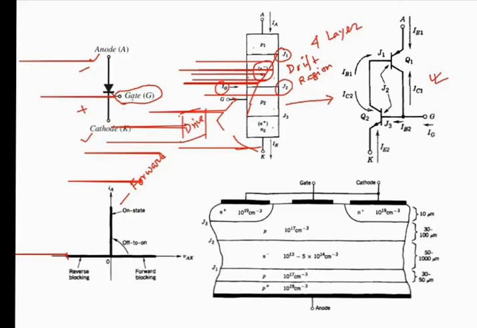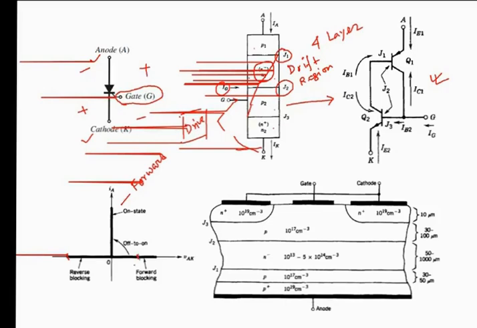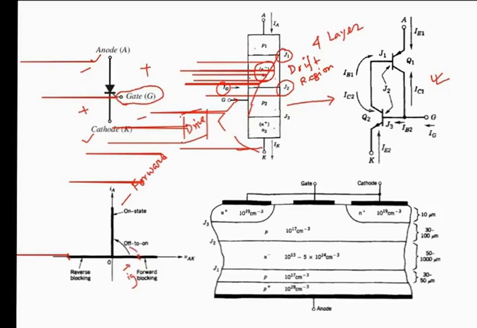And when you are not turning on the device, you have not given any gate pulse or gate current, then also in the forward direction it can block voltage. So this is that zone. So it can block forward voltage, but when you give the gate pulses, then the device starts conducting and it shifts to this zone. So the current again depends on the circuit parameters.